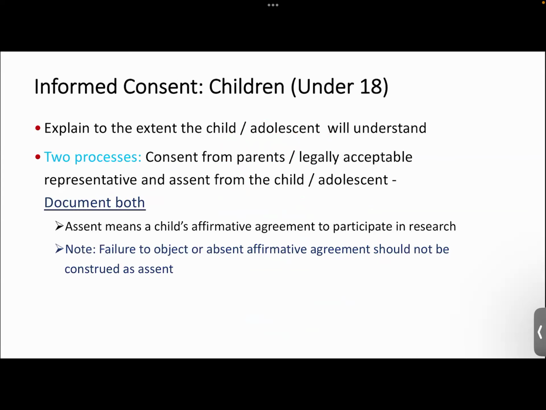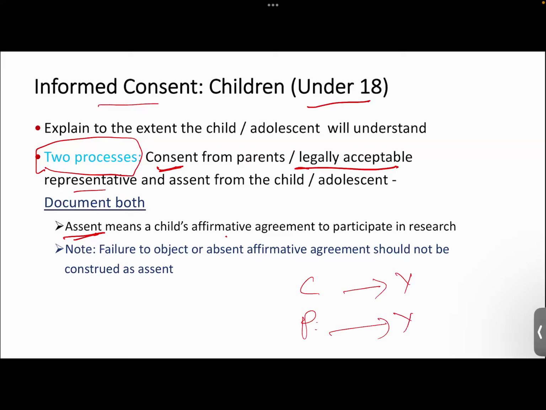Now a bit more on informed consent under 18, where it is written, yes, two processes. You will take assent from a child to take their affirmation, and then consent from their parents or their legally acceptable representative. So in this case, child and parent both say yes.